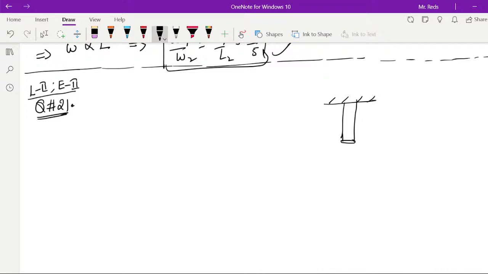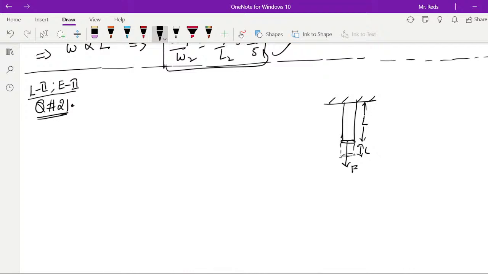The force F is applied at the lower end, and as a result its length is increased by l. Let us say the initial length is capital L, and the increase in length is small l.